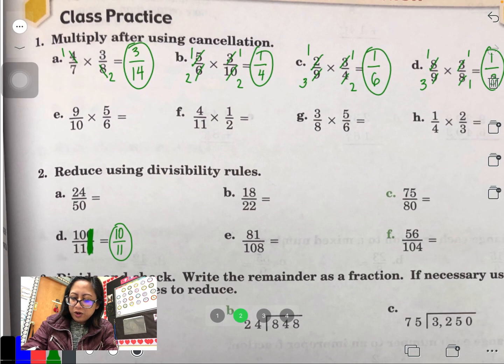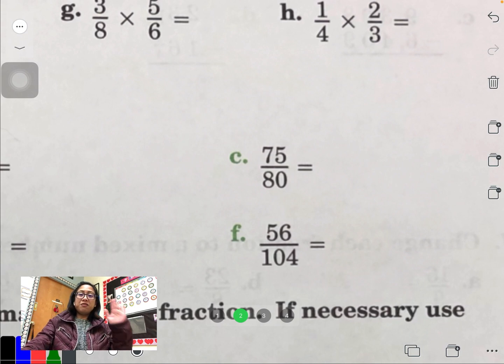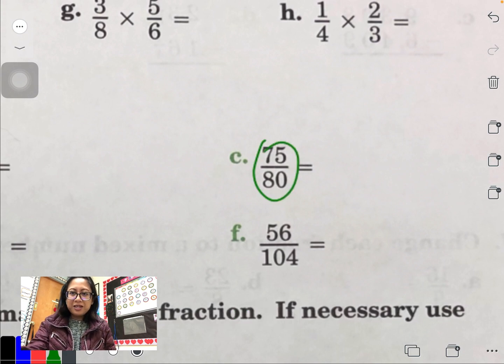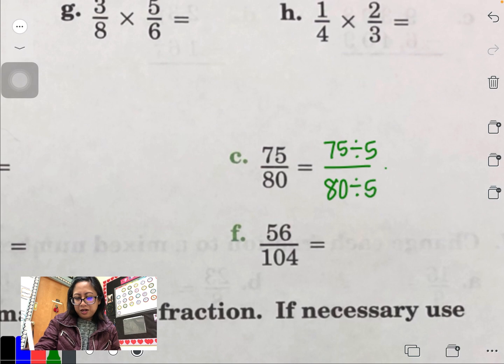Let's do one more. Ooh, C is easy too. Do you remember the divisibility rule for 5? The divisibility rule for 5 says, if it ends in 5 or 0, just divide by 5. So here, they both end in 5 and 0, so we can divide by 5. So what I'm going to do is 75 divided by 5, 80 divided by 5.